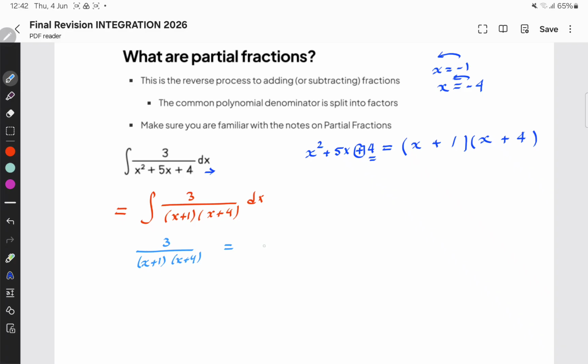To express this into partial fractions, we look at how many factors are in the denominator. I have 2 factors. So the first factor with the first fraction, the second factor with the second fraction, where A and B are 2 constants to be found.